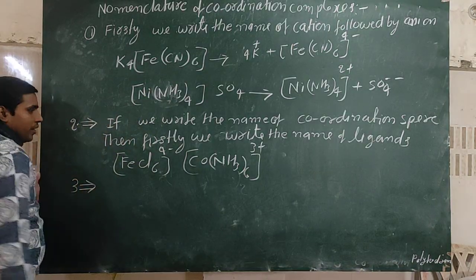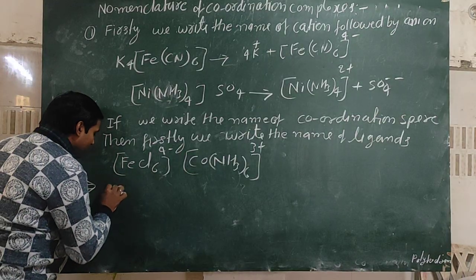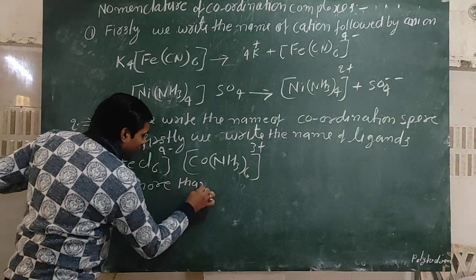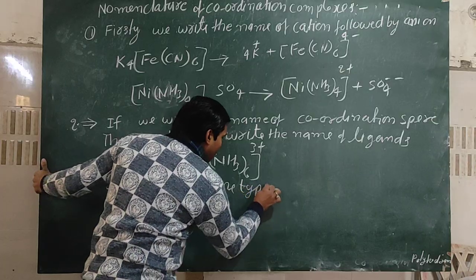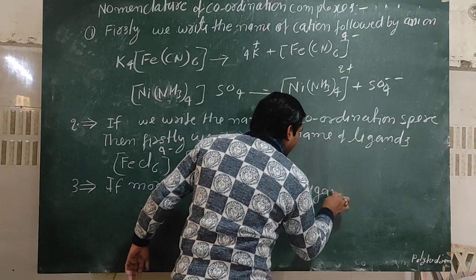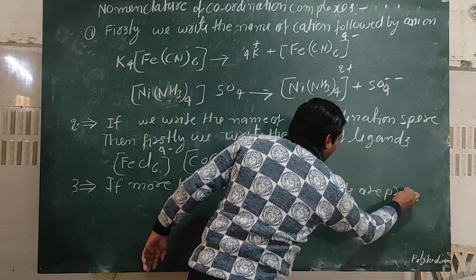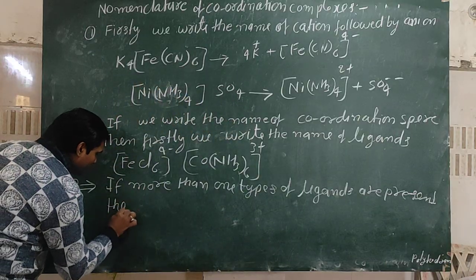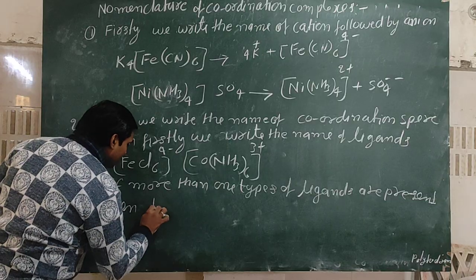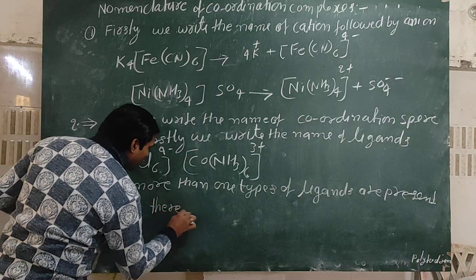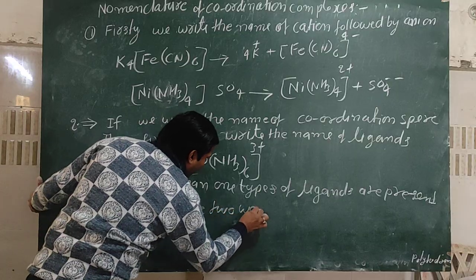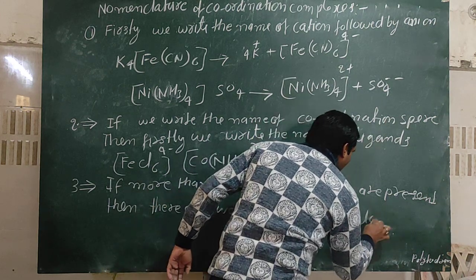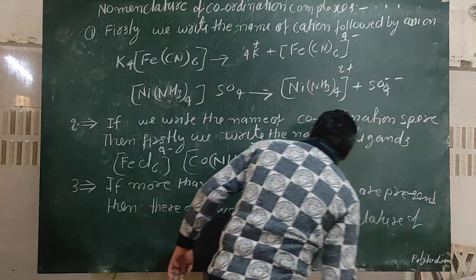The next point: if more than one type of ligands are present, then there are two ways for the nomenclature of ligands.